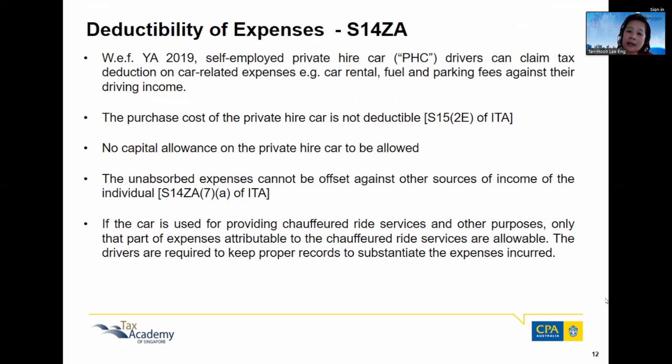And if he uses the car for some private use as well as for private hire car driver earnings, then the expenses have to be apportioned accordingly, because the private element is not allowable. We can only allow the business part of it, the part pertaining to earning the private hire car driver income.